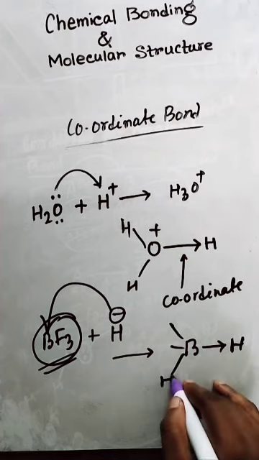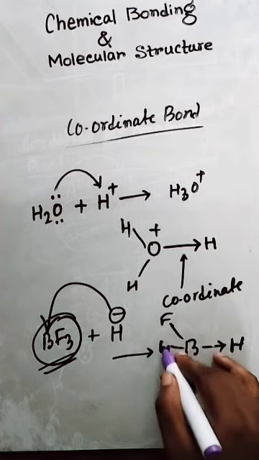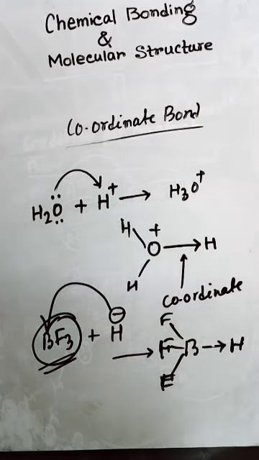So this type of bond is known as a coordinate bond. I think you can now understand the ionic bond as well as the covalent bond and the coordinate bond. Okay, thank you.